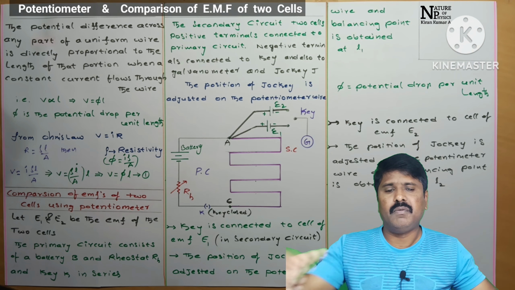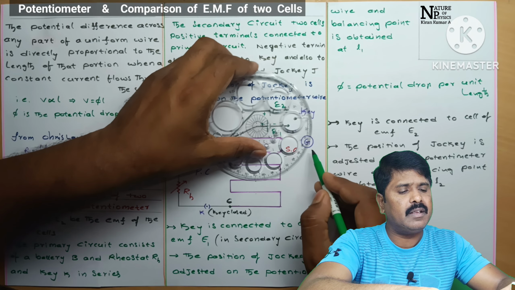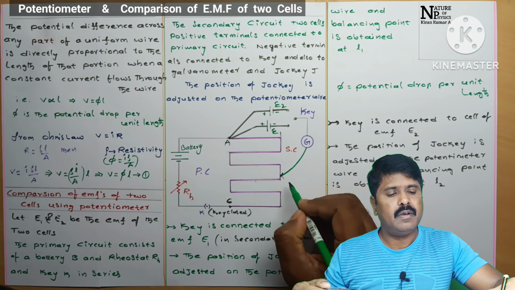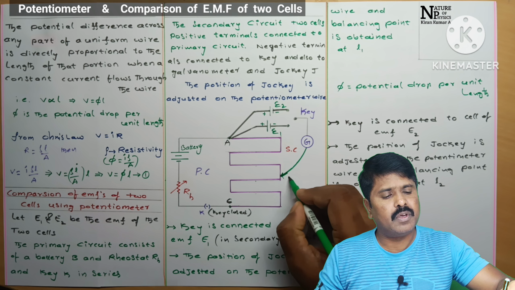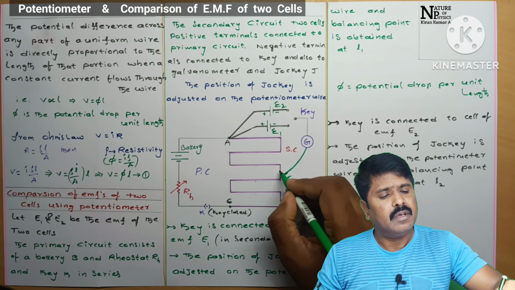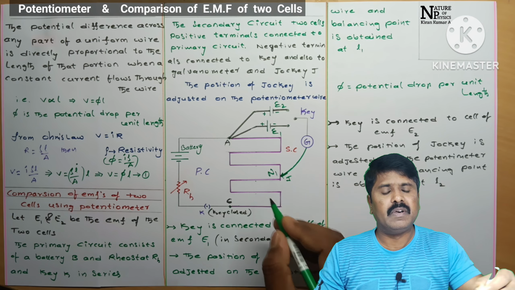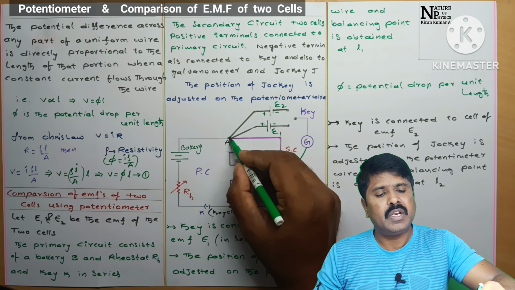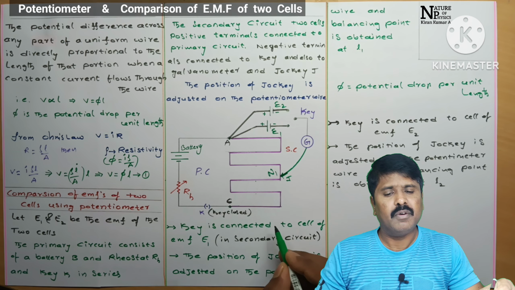Wait a second. First representing like this, students. Okay, now see, J represents the jockey, and here the first null point we get is N1. We will discuss that. The jockey can move from position A to position C along the length of the potentiometer wire.